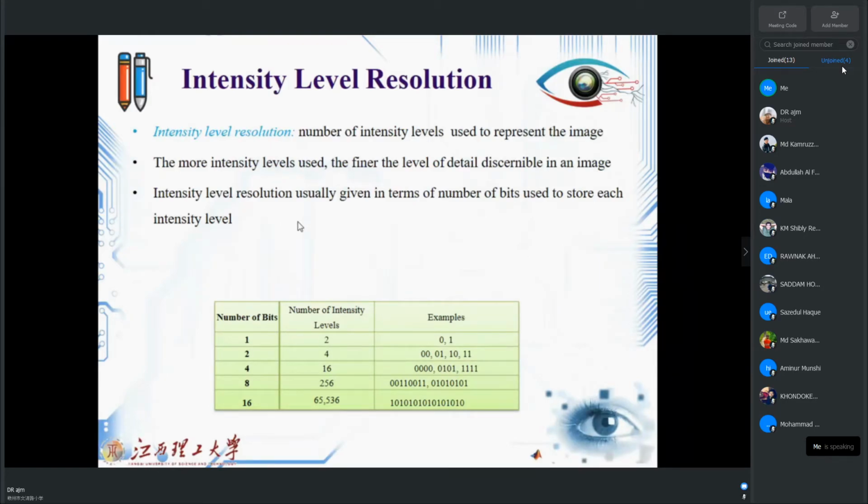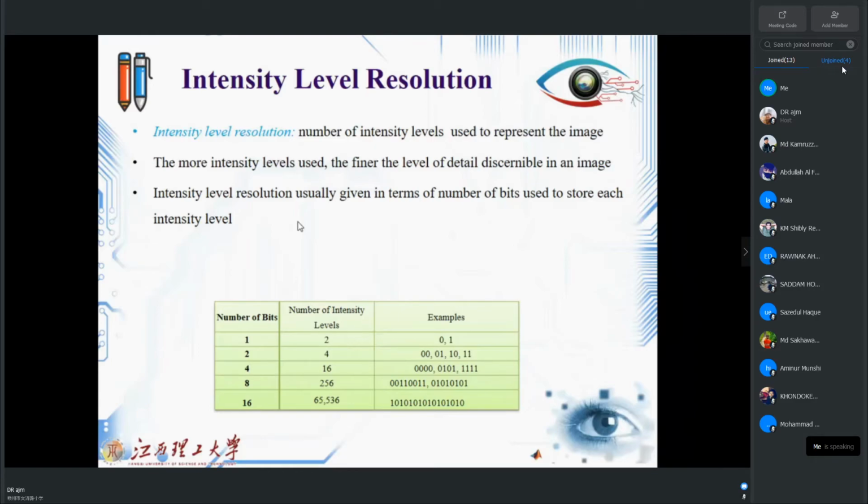The more intensity levels used, the finer the level of detail in the image, and intensity level resolution is usually given in terms of number of bits, as we already taught.